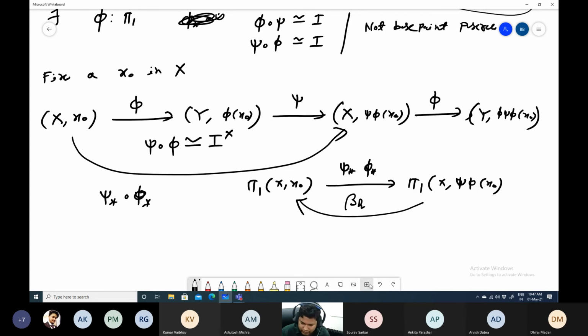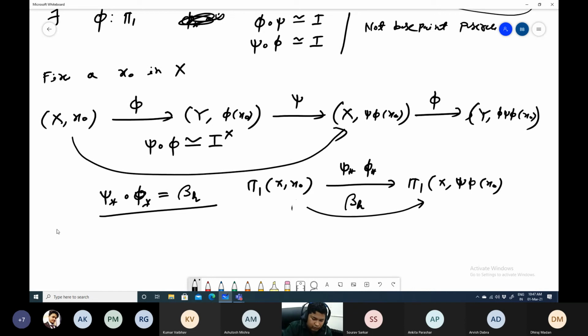Anyway, that is an isomorphism. We don't have to bother about that. So it is beta h composed with identity star, that is identity.